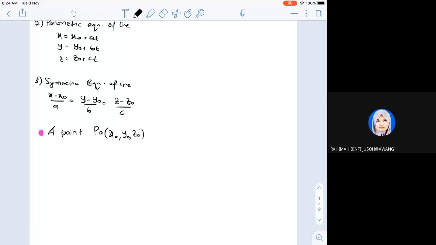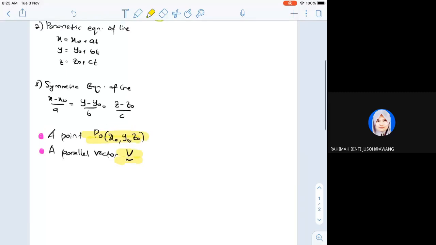And number two, in order to form the equations of line, you need to have a parallel vector V. Okay, so these two things are very important in order to form the equations of line.